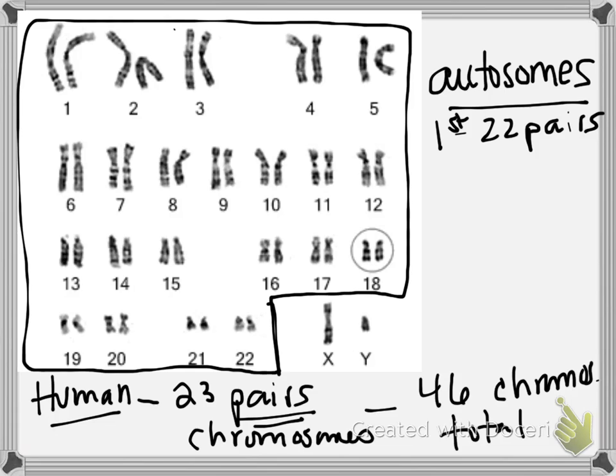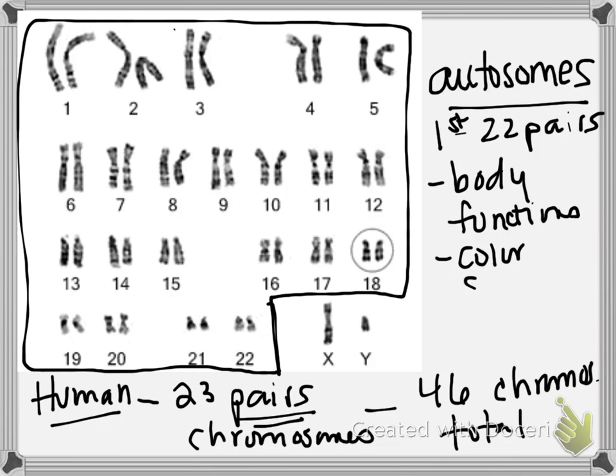So those first 22 pairs, the genes on those first 22 pairs are basically the things that control your whole body. So, regular body functions, and color, shape, size of your features, everything that makes up all of the normal stuff that we think of as your genetic material. Okay.